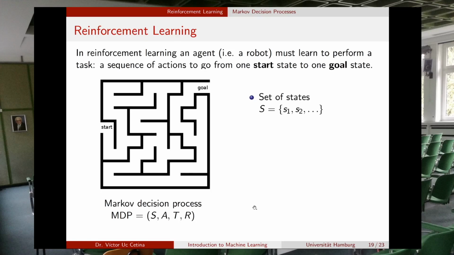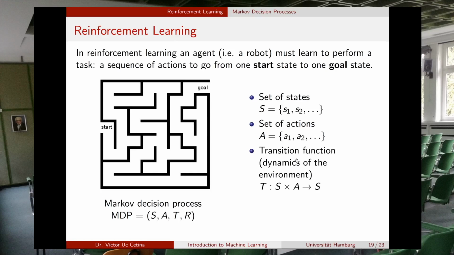Then we have a set of states. This set could be, in this case, infinite. I am defining this as an infinite number of states, but it could be a finite set. The same happens with the actions. We talk about a set of actions that could be infinite or it could be finite.